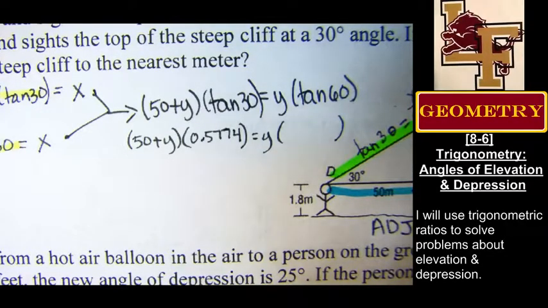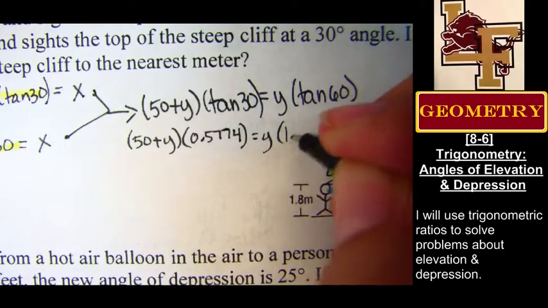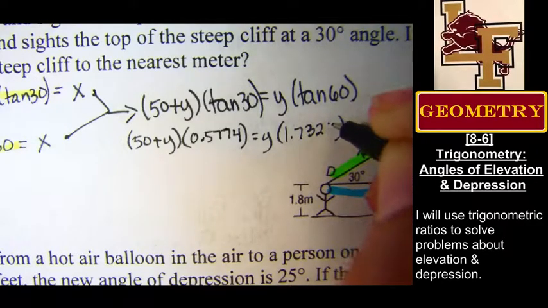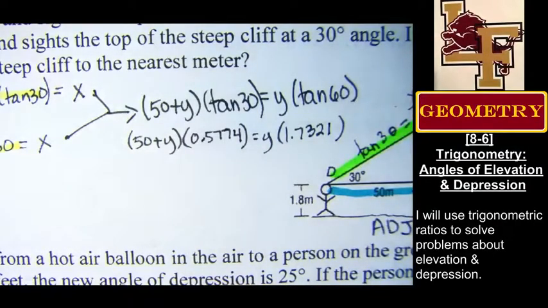Confirmed? Okay, I need someone to get me tangent 60, please. 1.7325, 05. So round it here, at the 0, round it there, to 1, because the number after the 0 is 5 or bigger. All right. Much easier to deal with.